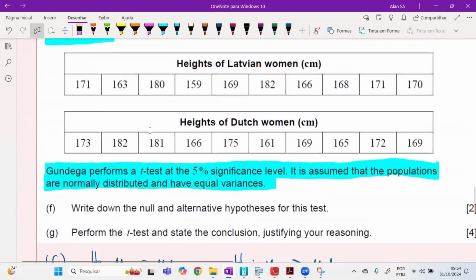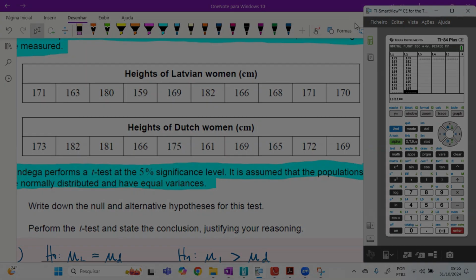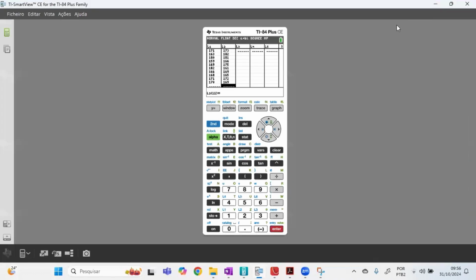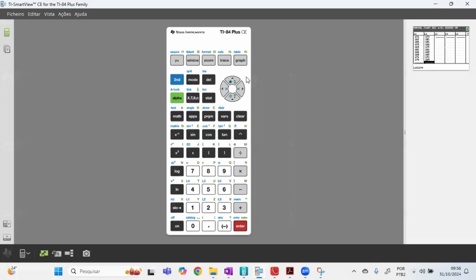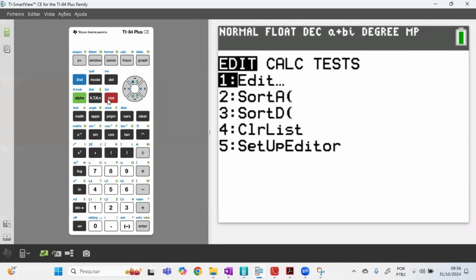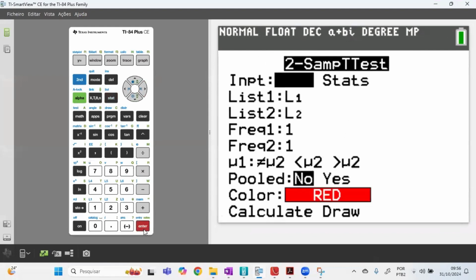Then we have to insert these values in the calculators. Once this is inserted, we can perform the test: go into statistics, then tests, and then select a two-sample t-test.